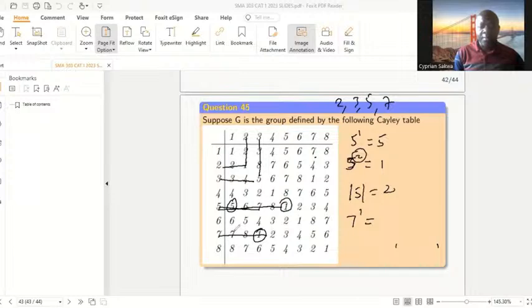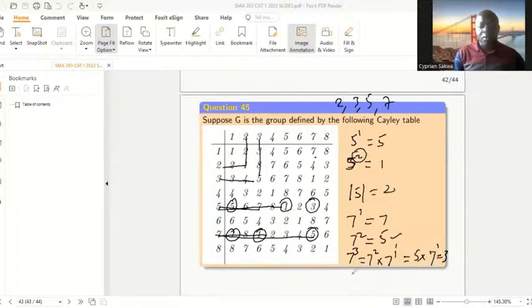Let's check the order of 7. 7 raised to 1 is just 7. 7 raised to 2 is 7 times 7, which is 5. 7 raised to 3 is 7 squared times 7, but 7 squared is 5, so this is 5 times 7, which is 3.